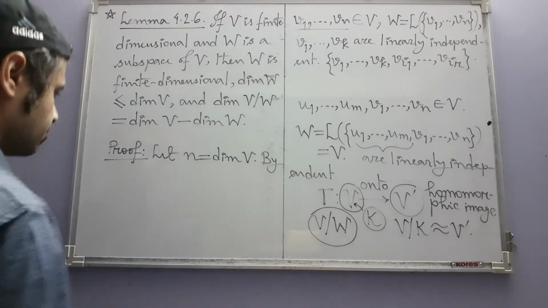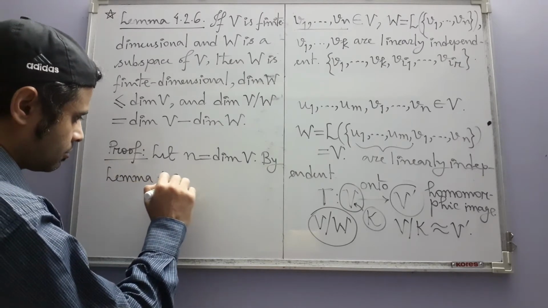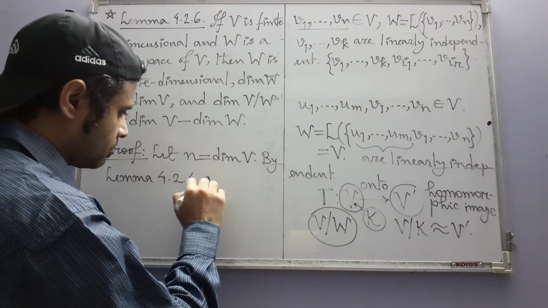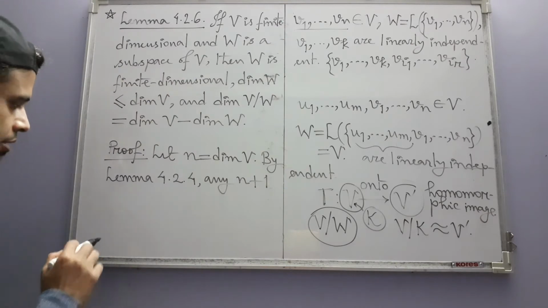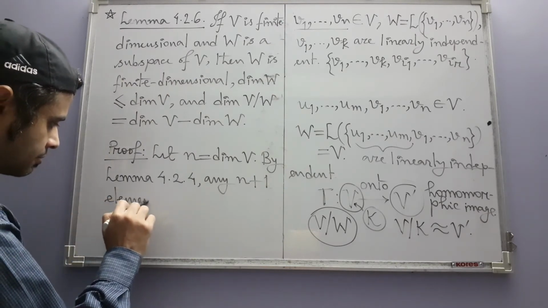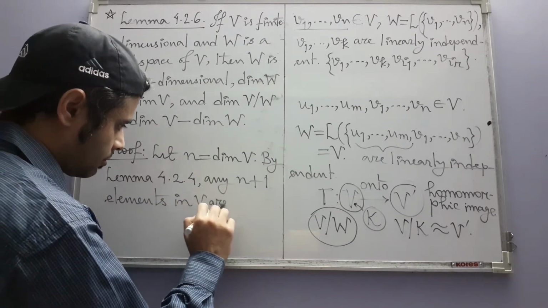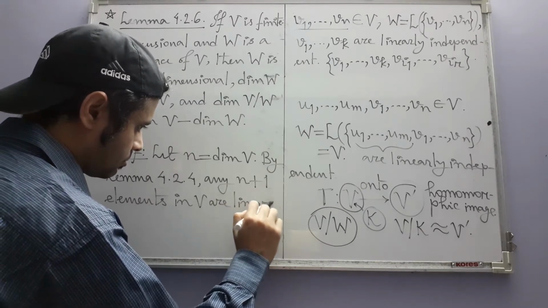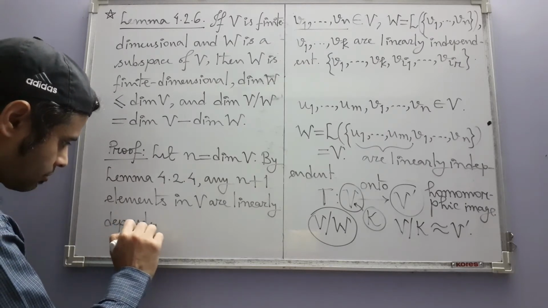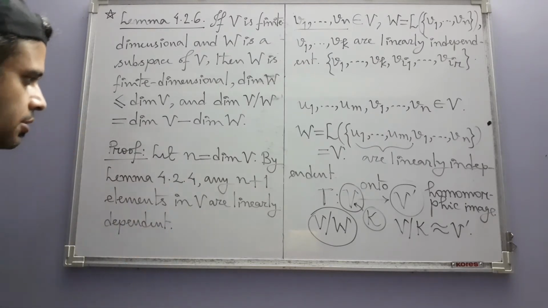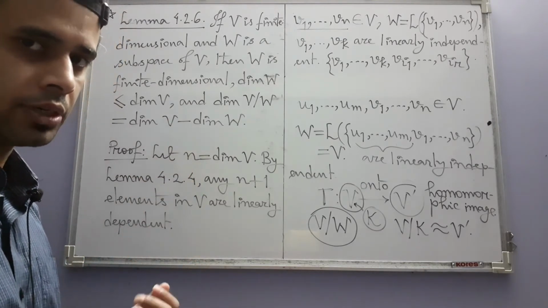By lemma 4 to 4, any n plus 1 elements or vectors in V are linearly dependent, because the dimension is the maximum number of linearly independent vectors in a vector space.